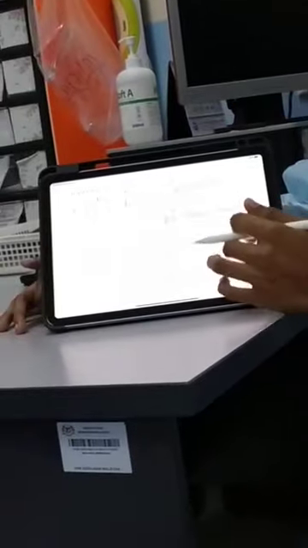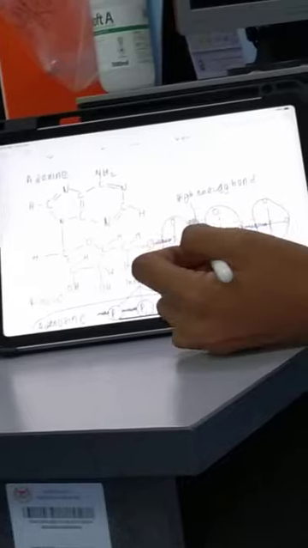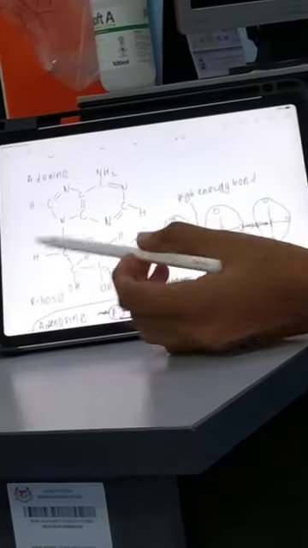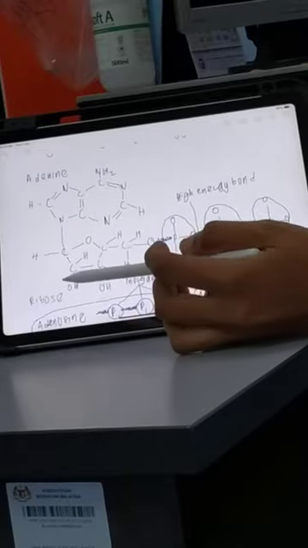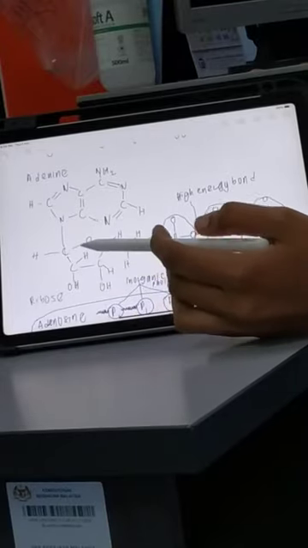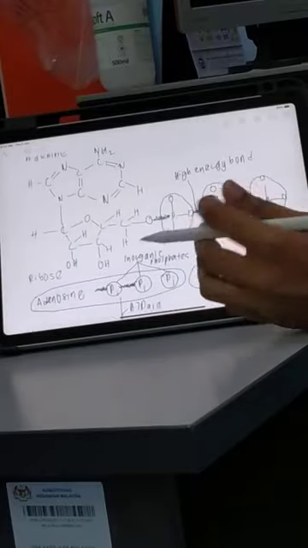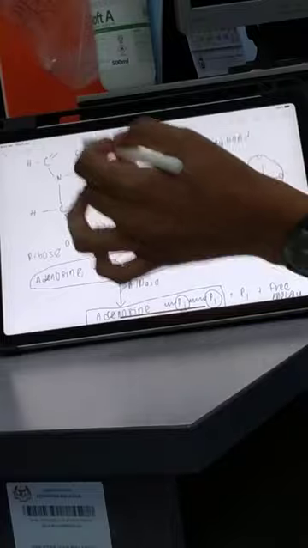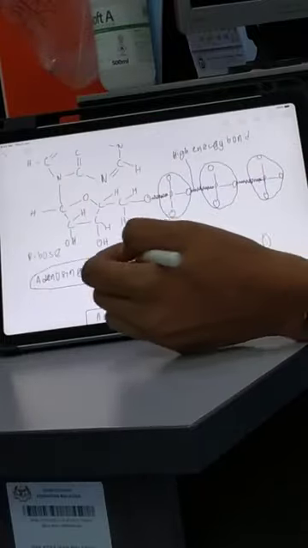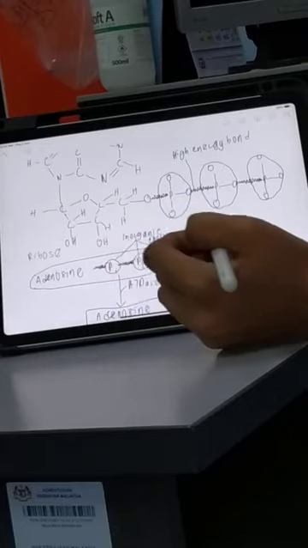This has a high energy bond, actually, the phosphate. This adenine has a nitrogen base and this ribose has a carbon base. And these are the phosphates. This is what we call adenosine, and this is the triphosphate.